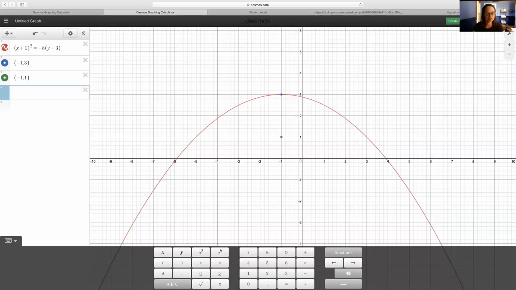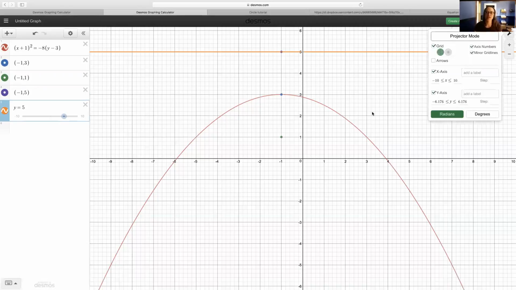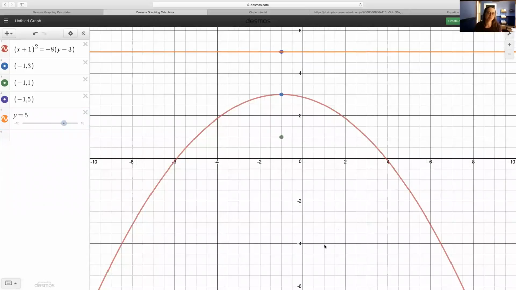And the directrix goes through the point (-1, 5) because it's 2 units above the vertex, so that's the line y equals 5. So the orange line is the directrix. The green point is the focus. The blue point is the vertex, and the red curve describes the parabola.